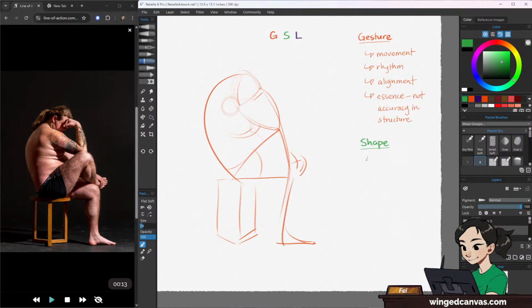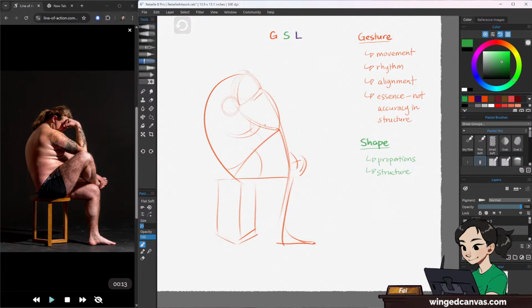It's cool. So for shapes, this is where we're looking for proportions. Shape is when we're looking at proportions and when we're thinking about structure. Okay. So here, once I've figured out what my gesture is doing, then I can start to draw in the shape.